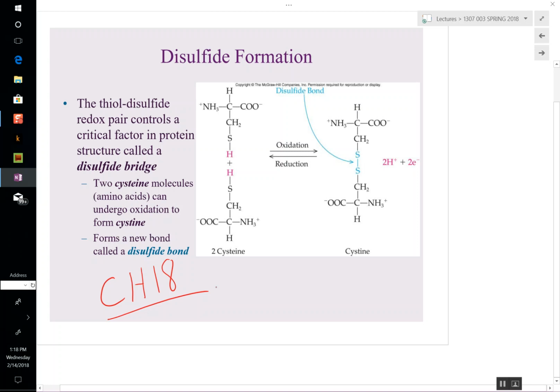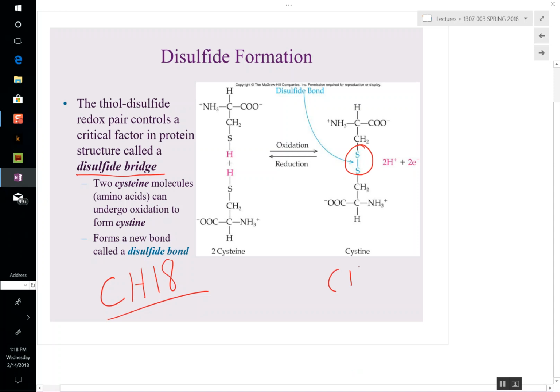These SH groups are extremely important in proteins. This is cysteine. This is a critical amino acid in proteins and can give rise to disulfide bridges. Disulfide bridge right there between 2 of them.